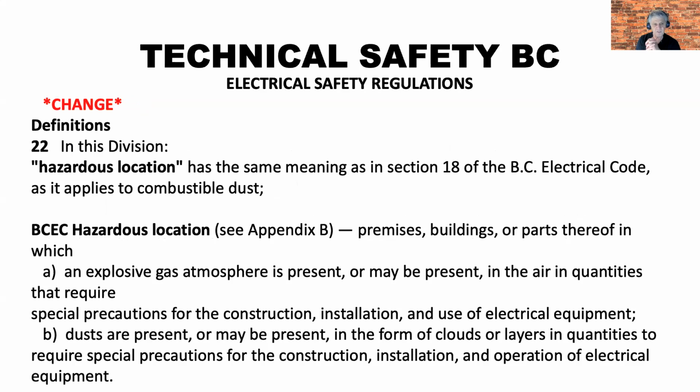The BC Electrical Code hazardous location, see Appendix B: premises, building, or parts thereof in which an explosive gas atmosphere is present or may be present in the air in quantities that require special precautions for the construction, installation, and use of electrical equipment.